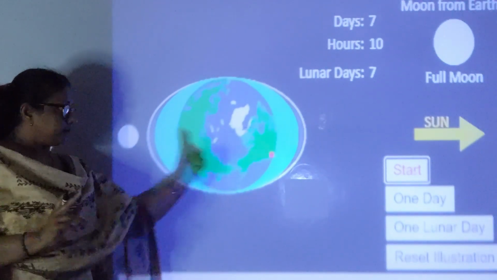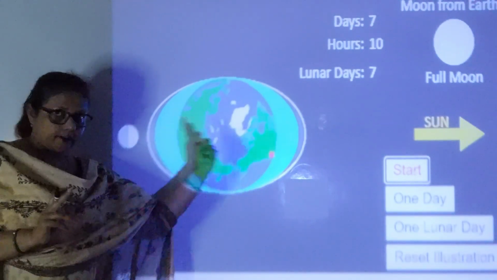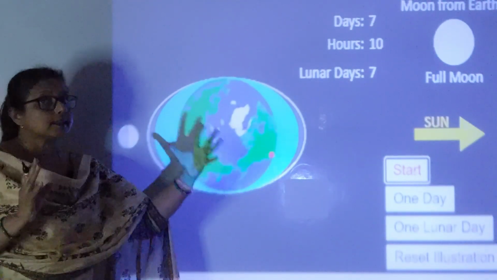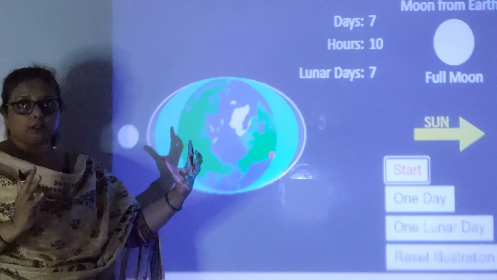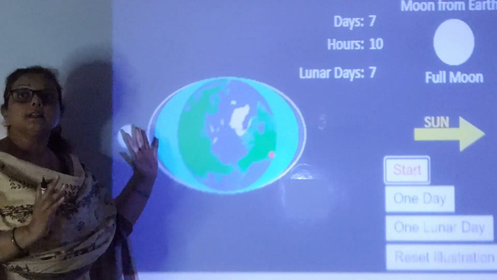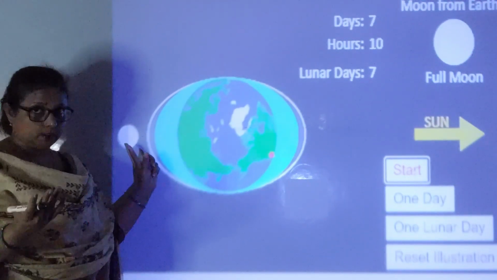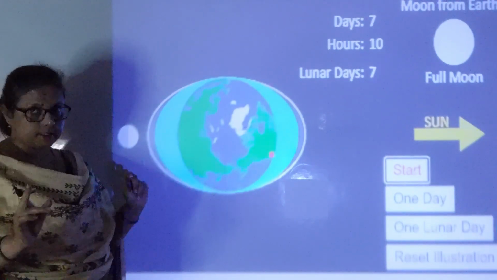During this time, you can see the moon, the earth and the sun are in a straight line. So the maximum gravitational pull occurs, and that is why the earth experiences the highest tides, higher than usual, which we call spring tides.